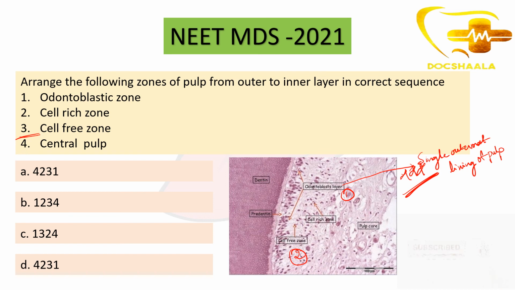And after that we have the cell-rich zone, which is number 3, but in the question it is given as number 2. And the last is the pulp core, which is nothing but the central pulp. So from this we can arrange the sequence as 1, 3, 2, 4, right? So from this we have arrived at the answer 1, 3, 2, 4, which is available in option C. Okay.